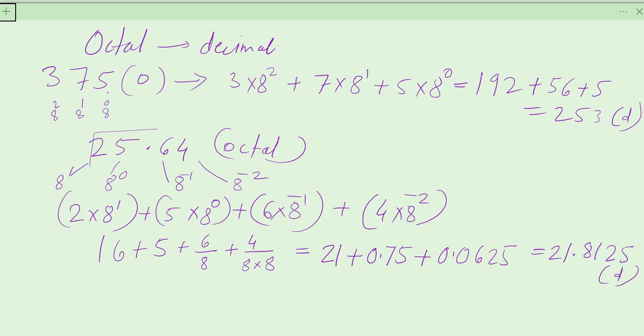So 25.64 octal becomes 21.8125 in decimal form. So this is the conversion.